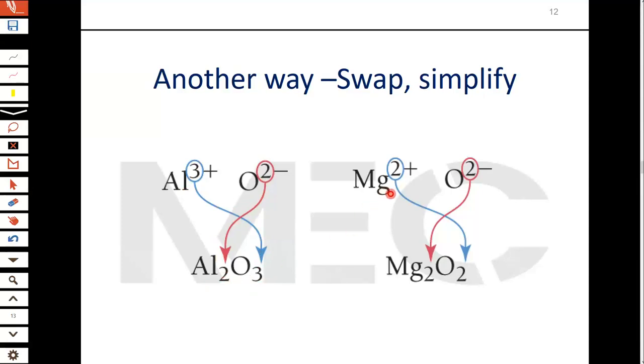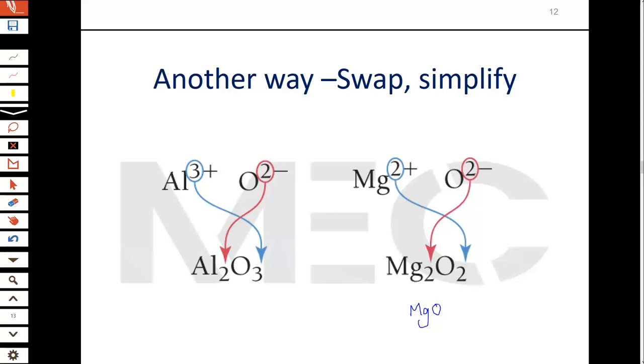In the case of magnesium oxide, we swap the charges again, and of course, can we simplify it? Yes, we simplify it to write MgO, because 2 and 2 will be simplified, because it's not a molecule. Mg2O2 is not a molecule. MgO is not a molecule.